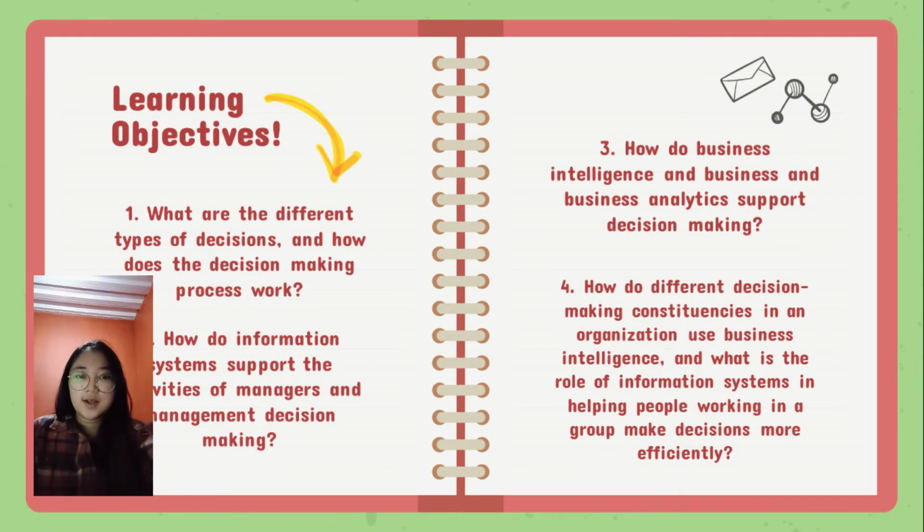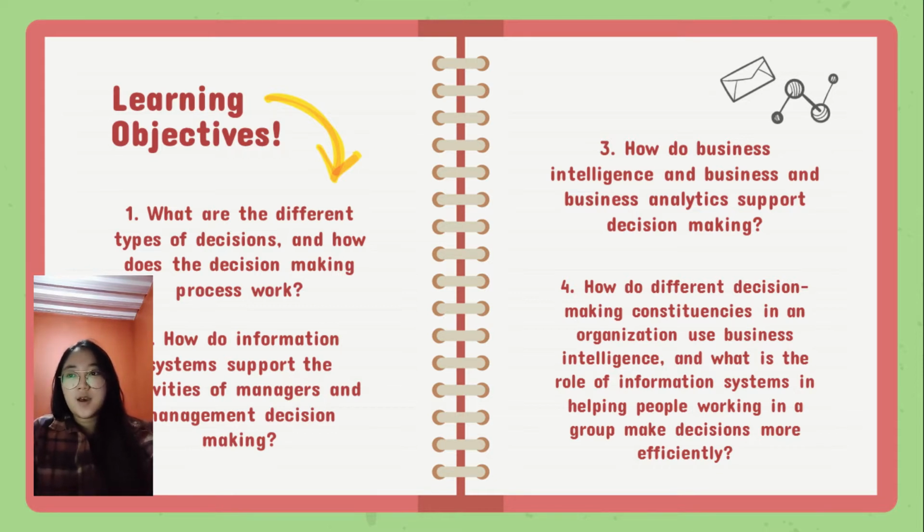There are several learning objectives that will be explained in this presentation, such as what are the different types of decisions and how this decision-making process works. And we also have how do information systems support the activities of manager and the management decision-making.